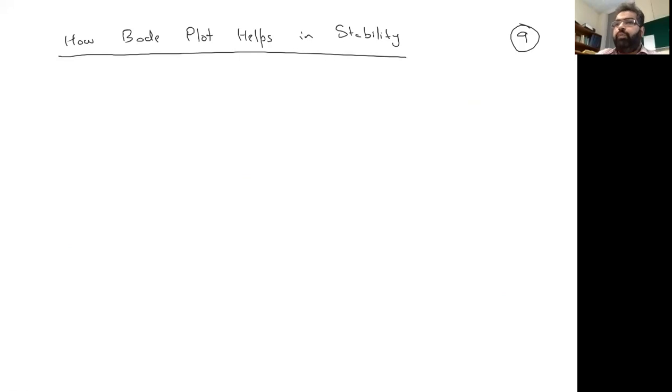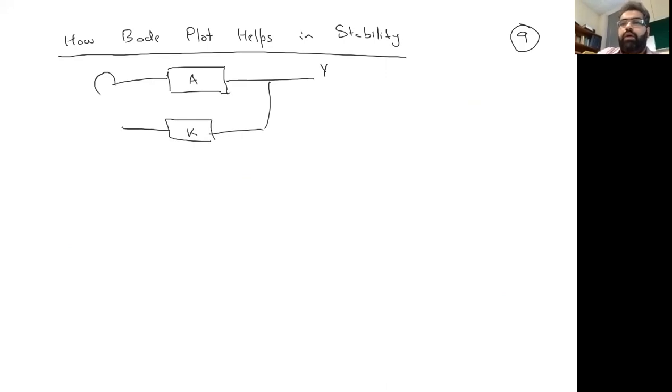So last time, you remember, we talked about loop gain. What was loop gain? We have A, Y was going here, something was K, and we have a summing block with negative feedback, and we have X. And we talk about loop gain as K times A. So we have Y over X equal to A divided by 1 plus KA, and KA was called the loop gain.